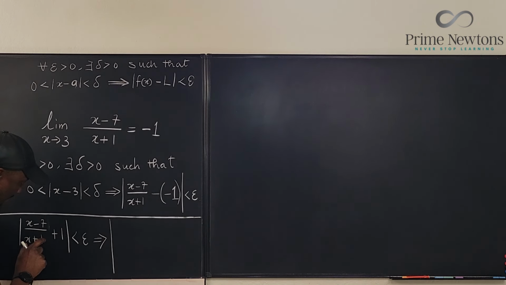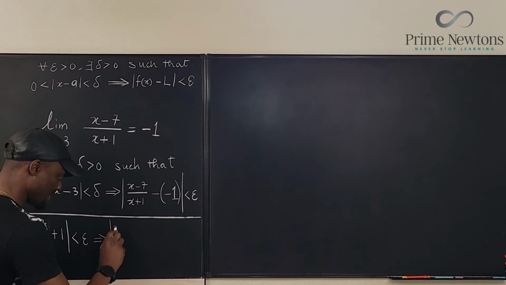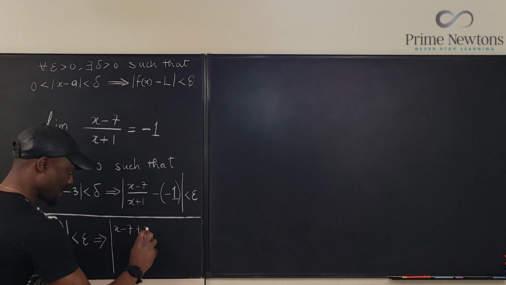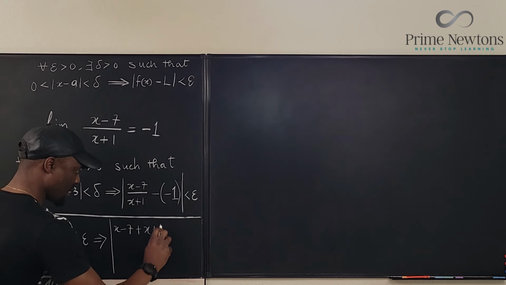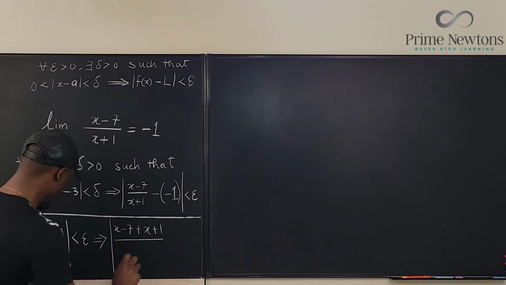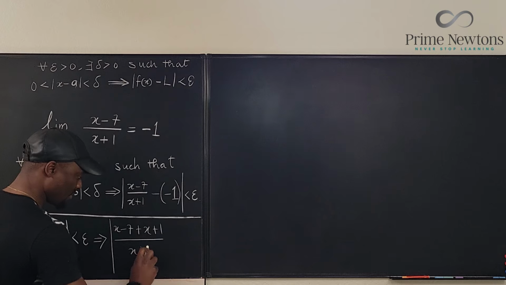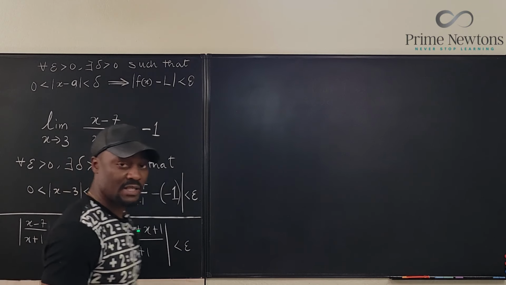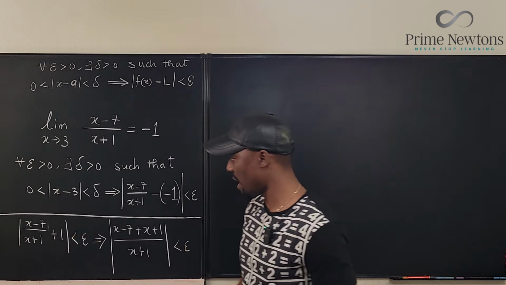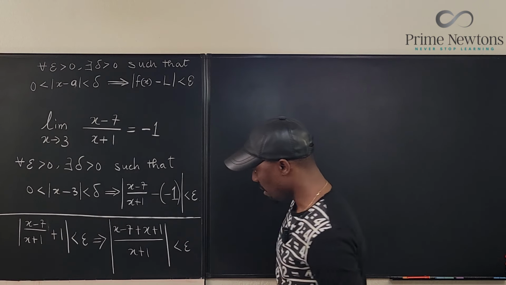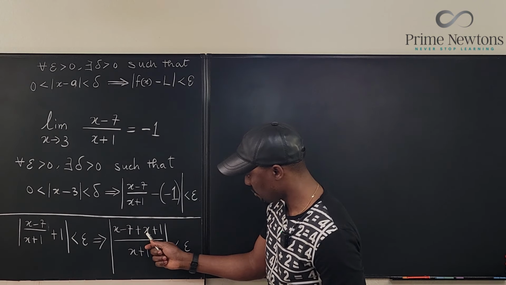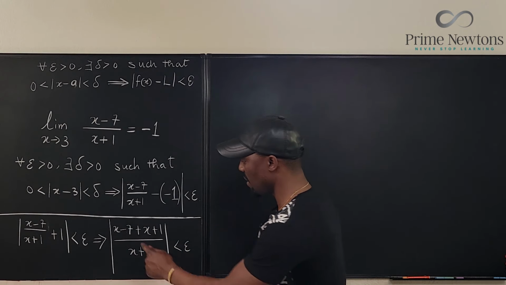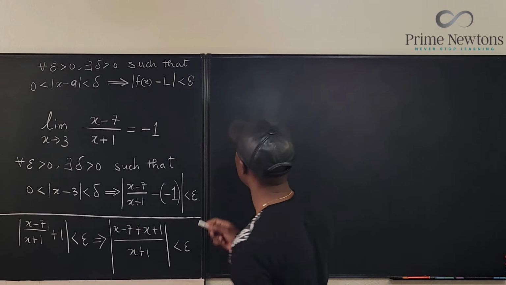I am going to have x minus 7 plus x plus 1 over x plus 1 is less than epsilon. Do you see what I did? So you make the two into a single fraction. Now, what does the top give us? x plus x is 2x, minus 7 plus 1 is minus 6. So we have 2x minus 6 over x plus 1.